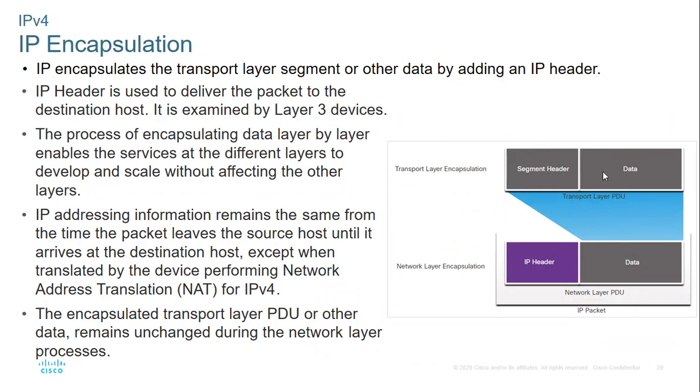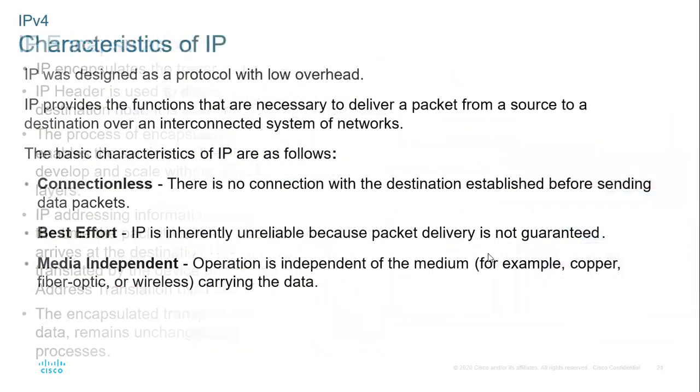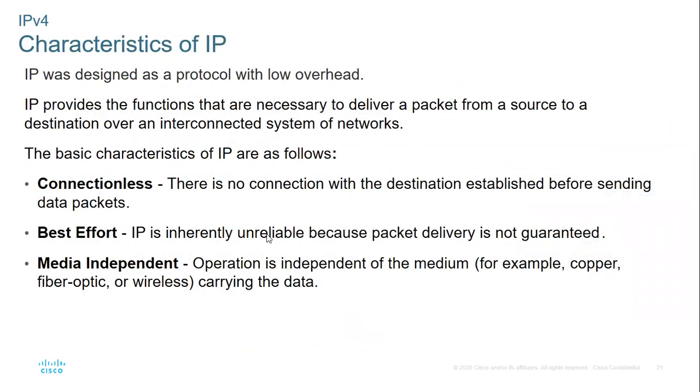So this same PDU, when it reaches the network layer, we're going to add the IP header. So this process of adding the IP header is what is called encapsulation. I think we looked at that also.